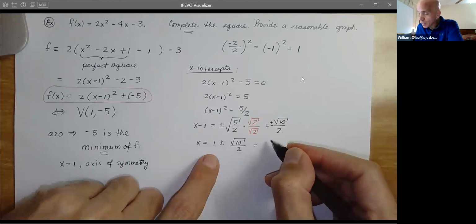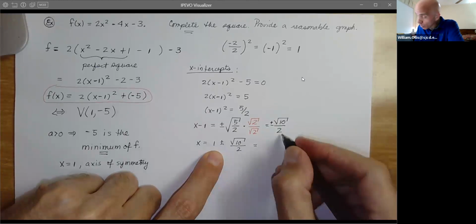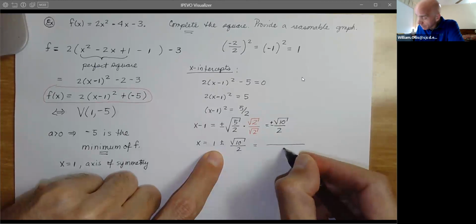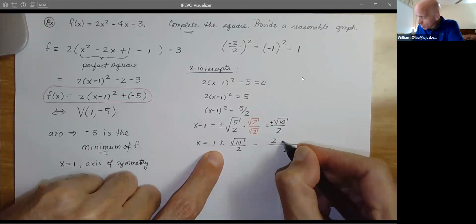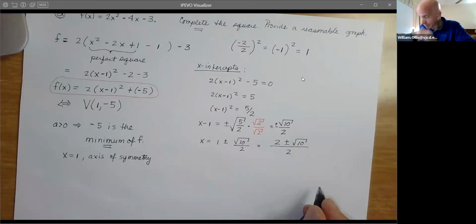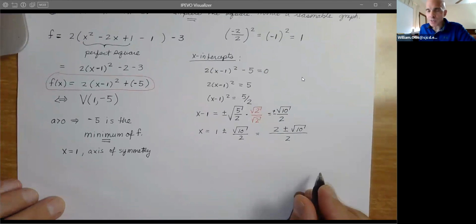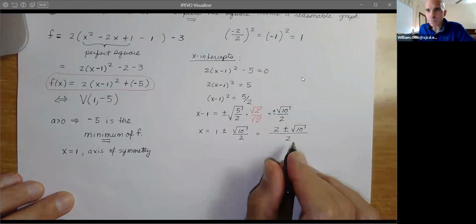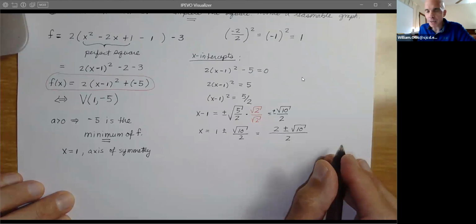And if you like, let's get a common denominator of 2. So we get 2 plus or minus root 10. Now, the thing is that our intercepts aren't really nice, but that's okay. We can estimate their value. We have an exact copy of them.